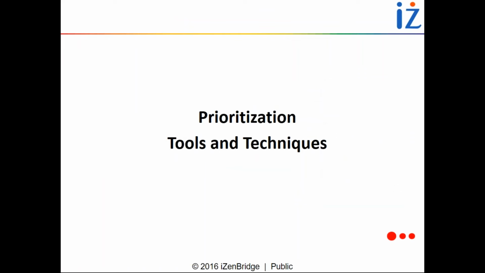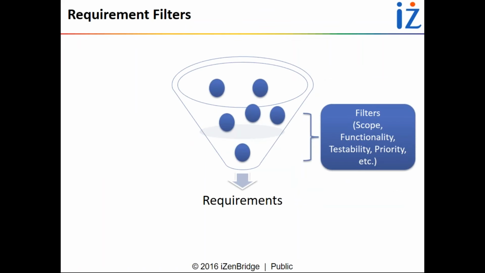Prioritization tools and techniques. The simple tool that you can use is the requirement filters. For prioritization, you may create different filters like scope, functionality, testability, priority. If I take the example of a scope filter in relationship to the PMI PBA learning system, what is a scope filter?